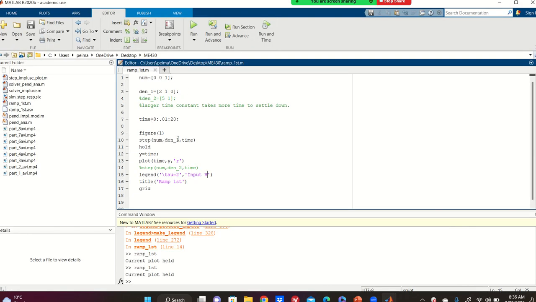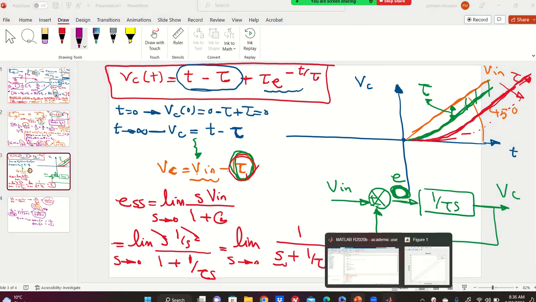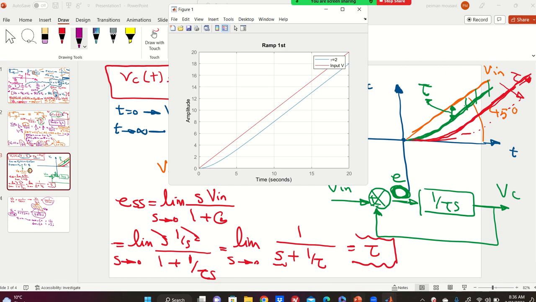Good that you asked that, because maybe it's a question of other students. Now, if I increase the time constant to 5, as I told you, you're going to see the red line, the error signal, increasing, as I showed here, right? So let me plot it and show you.